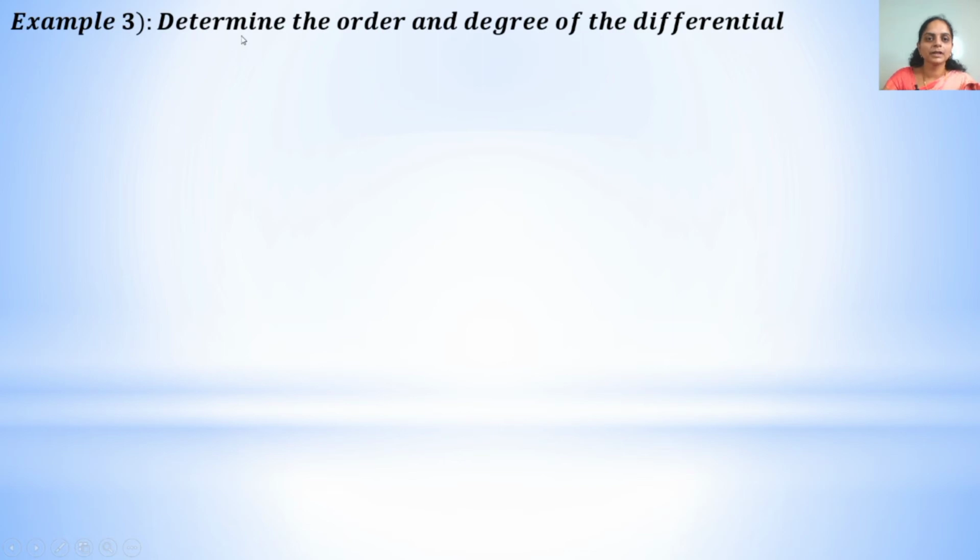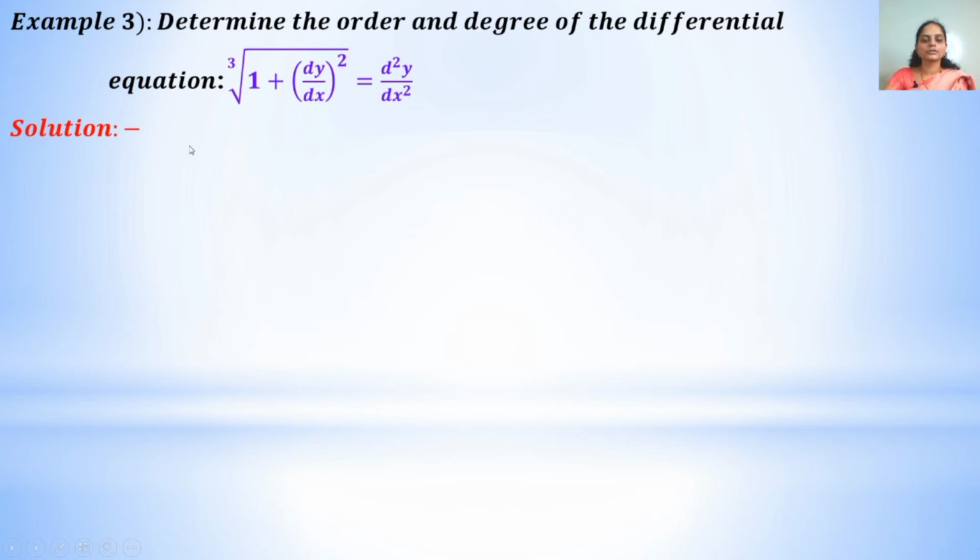Now the third example is determine the order and degree of the differential equation. Cube root of [1 + (dy/dx)²] = d²y/dx². Let's start the solution. First we write the given differential equation.